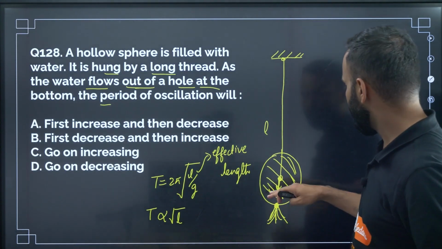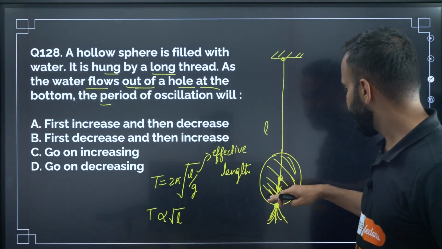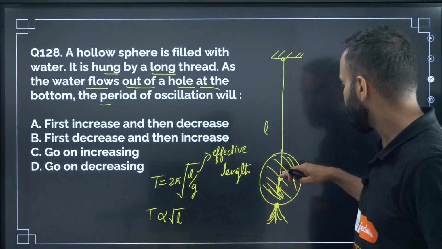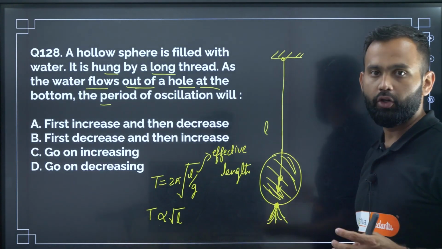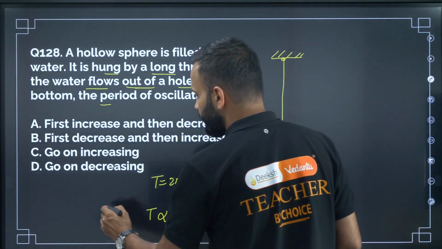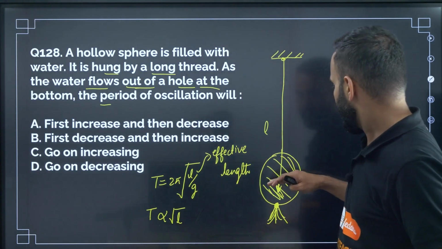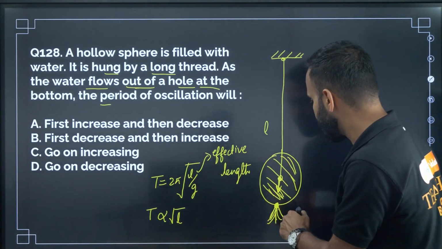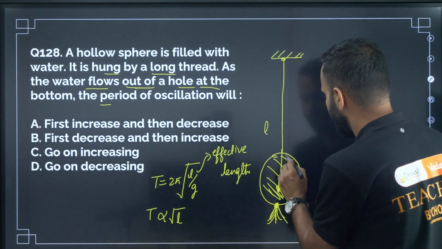We know that the center of mass lies on the heavier side of the object, so the center of mass will start to move downward.